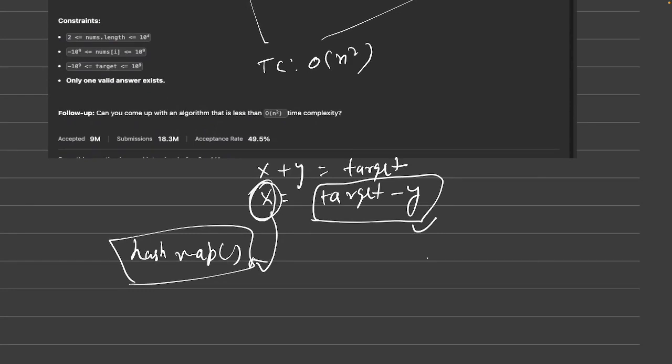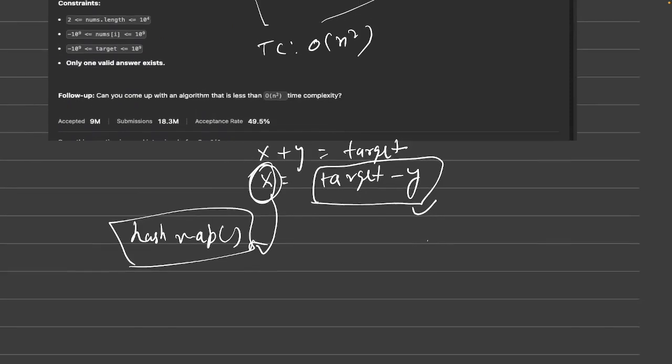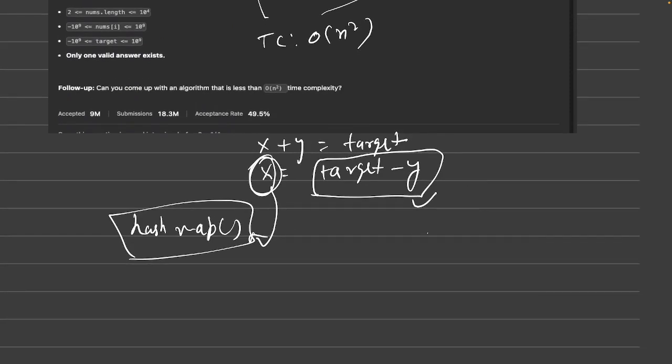If we find the value, and the index is not equal to the current index which is running in the loop, then we have found a pair and we can just return that. That way we will be able to optimize this, and now the time complexity would become order of n, and my space complexity would also become order of n because we are creating a hash map which is going to take extra space.